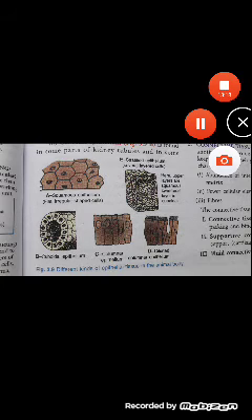Next is how we classify connective tissue. Connective tissue is divided into connective tissue proper, which plays the role of packing and binding the organs.